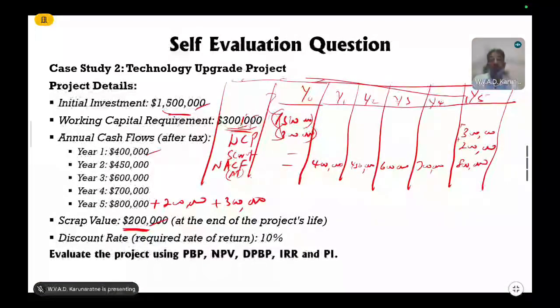Then you can obtain cash flows at the end.